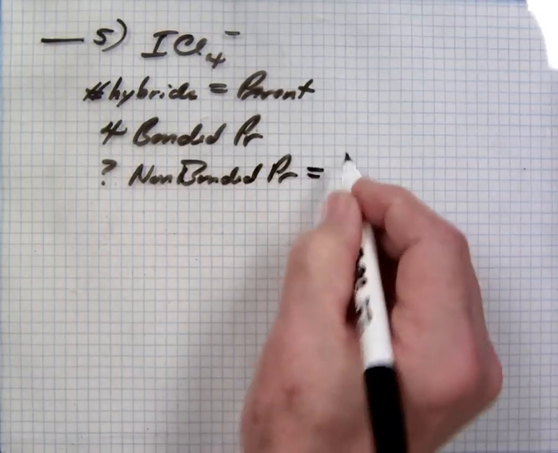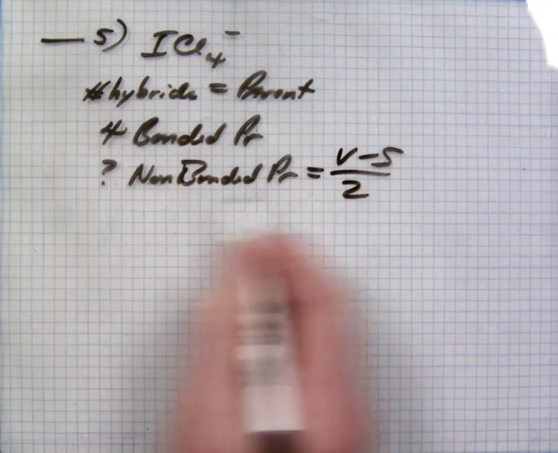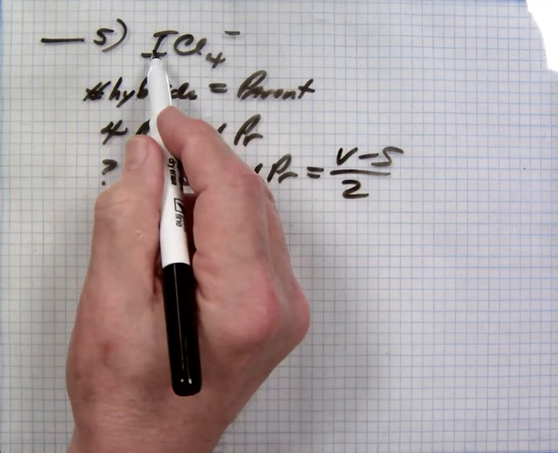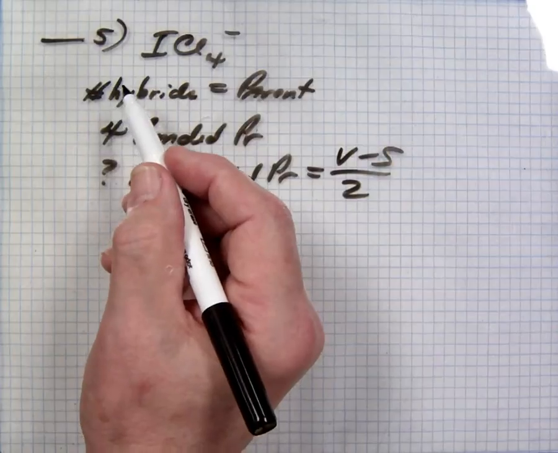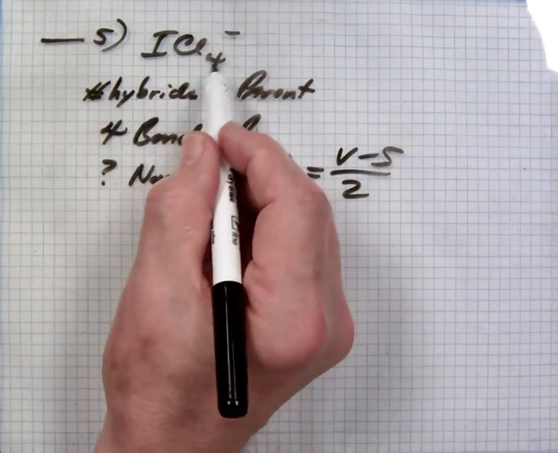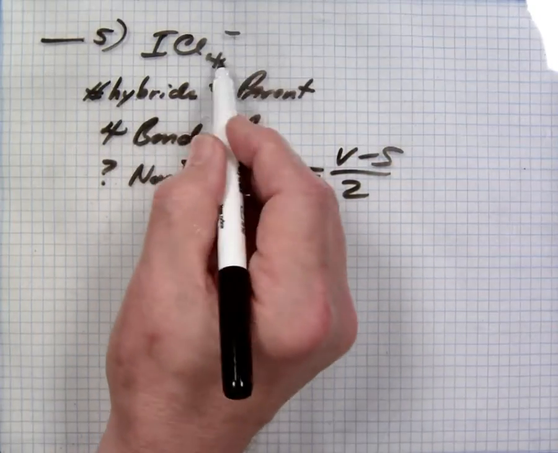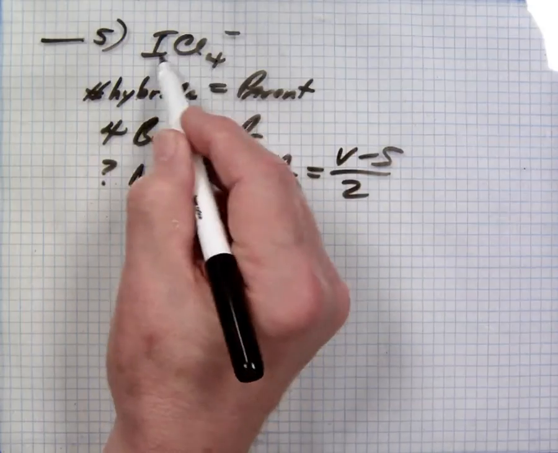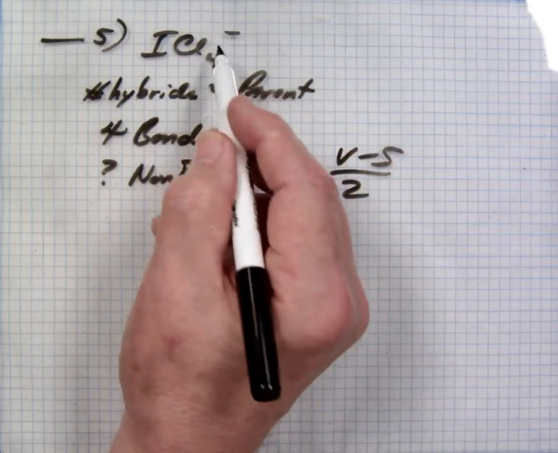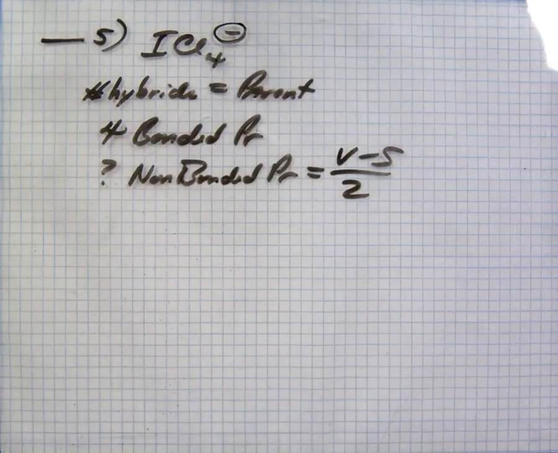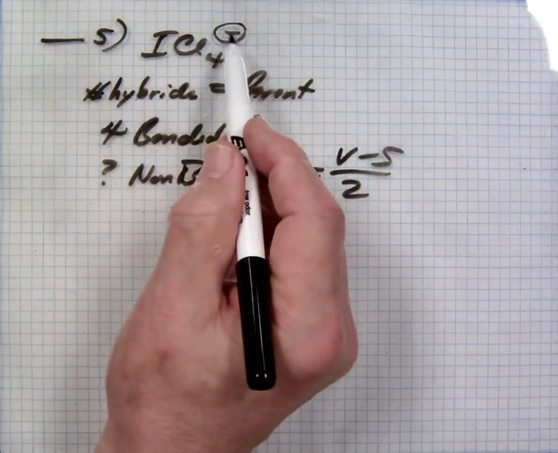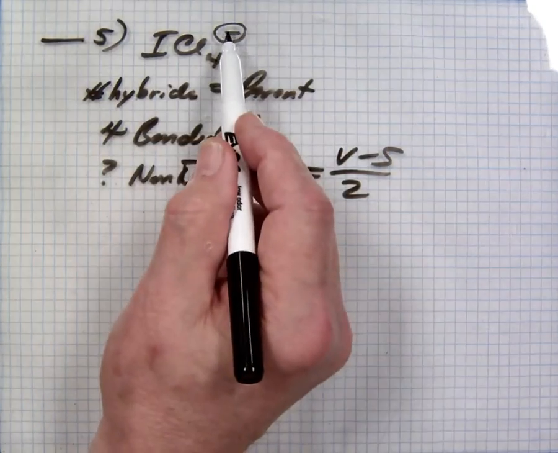Well, that would be valence minus substrate over 2. Well, we have 1, 4, 5 halogens. Each halogen is 7. So 7 times 4 is 28, but we've got a 4, 5, 7, 35. Sorry. But we have a minus charge on the ion, so you have to add 1 more electron.